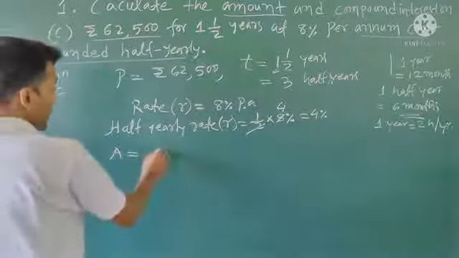Principal we have 62,500 into 1 plus rate. Half yearly rate is 4%, by 100. Time we have 3 half years. Rupees 62,500.